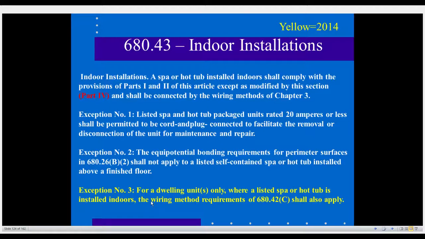And of course, we added one more that said, wait a minute, I also want to remind you, since we're dealing with dwelling units, I just told you what kind of wiring method you could run through the dwelling unit when I was dealing with 680.42(C). So it stands to reason that I'd allow you to use those specific wiring methods again.